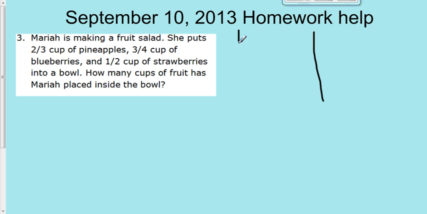What do I notice, and what do I wonder? The whole story is about fruit. So what we already noticed is that she puts 2/3 cups of pineapple in.